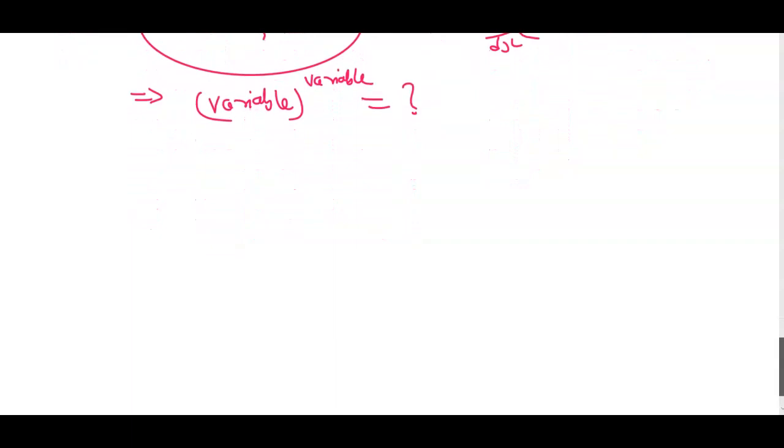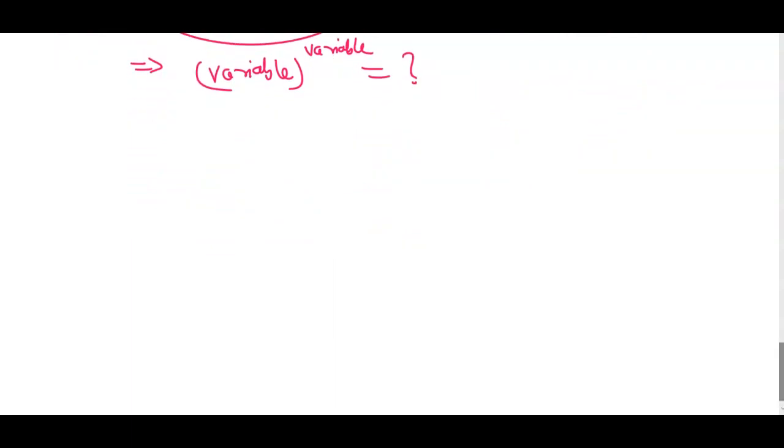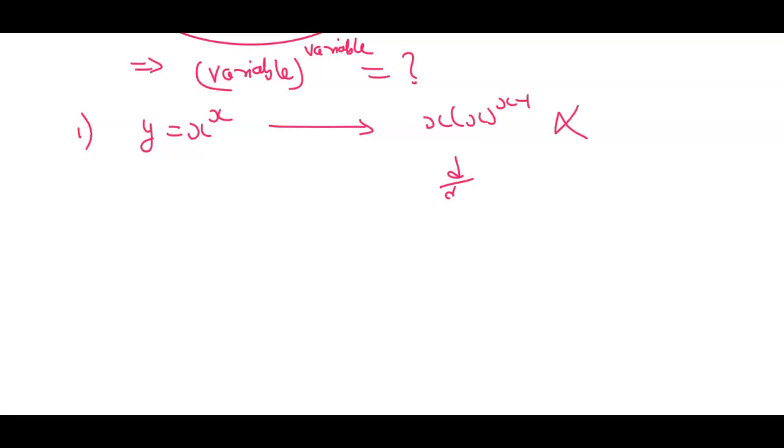Now, during the initial phases, when I give a student this question, like if y is equal to x to the power x, most of you write, forgetting the things that during derivative of x to the power n, n is a constant and x is variable, and that formula is this much.